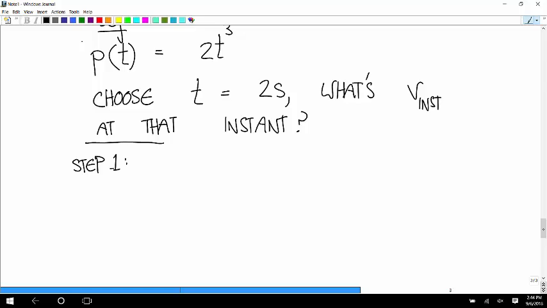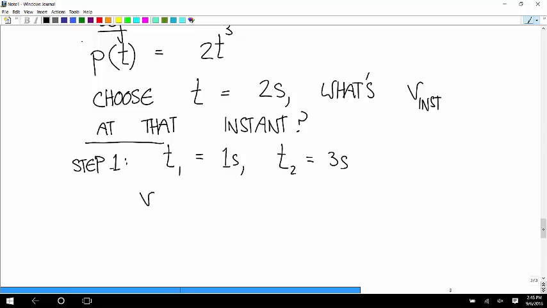So the first one is I'm going to say my t1 that's a little less than our desired point is going to be 1, and our t2 that's a little more is going to be 3. So t1 is 1 second, and t2 is 3 seconds. Okay. And then we can use those to approximate the instantaneous velocity.